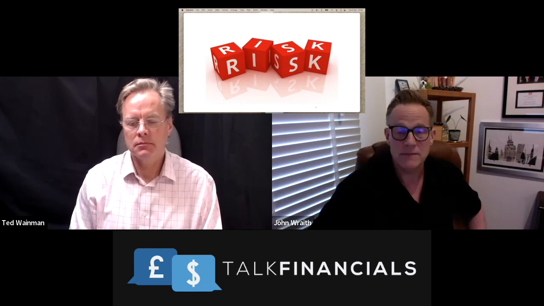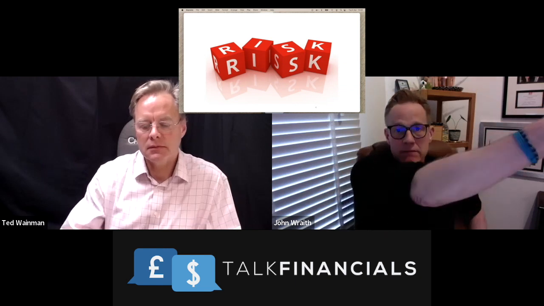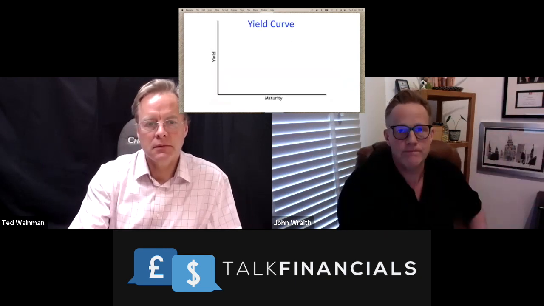So if I was lending you the money for a long period, it is a riskier investment for me to make. And therefore, all else equal, I would usually demand a higher return on the money for lending for a longer period of time. It's called the term premium. And that's why in that environment, a normal yield curve, or the normal profile of rates as you go further down the maturity spectrum, is rising.